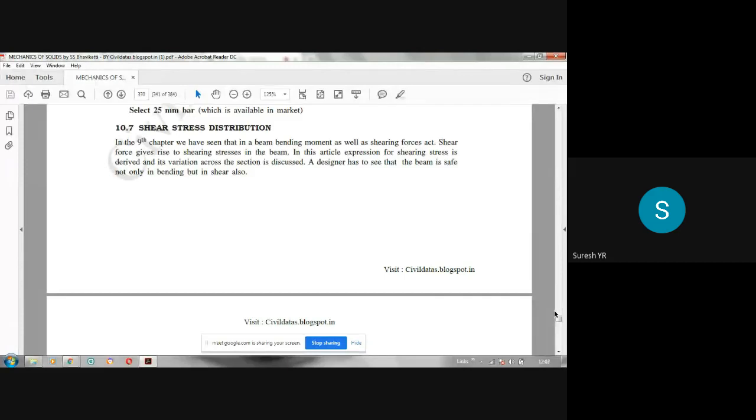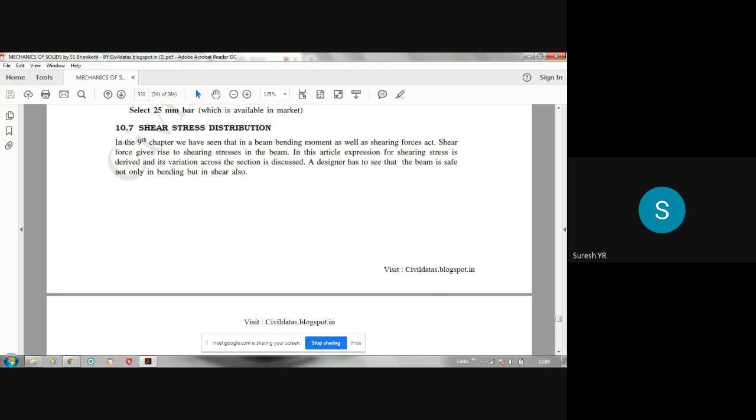Whatever the internal resistance is, if it is greater than the external effect, then it will be safe. At the most, it should be equal. Suppose the internal resistance is less than the external load or moment, whatever it is, then the material will fail. That is the thing.